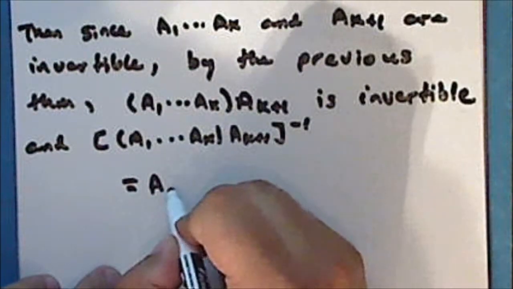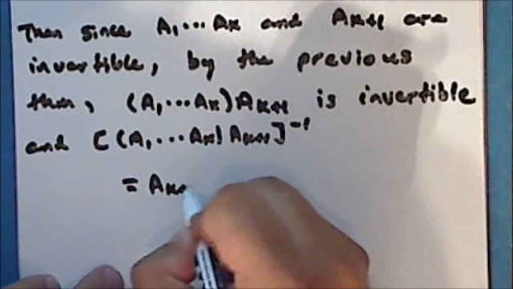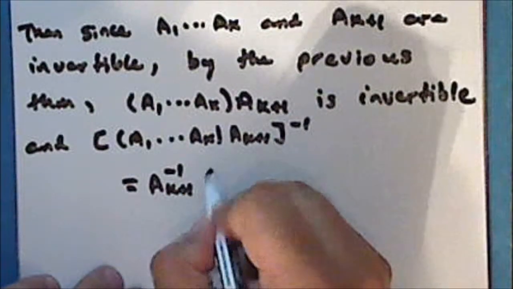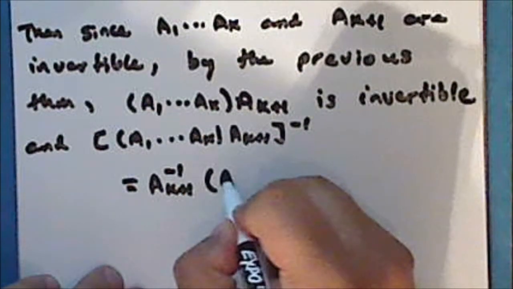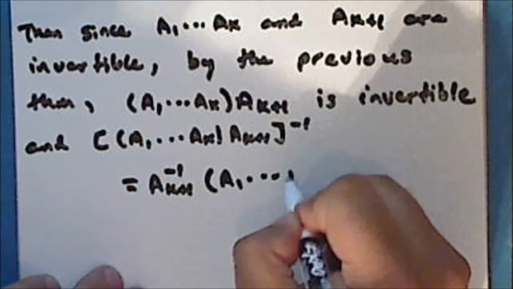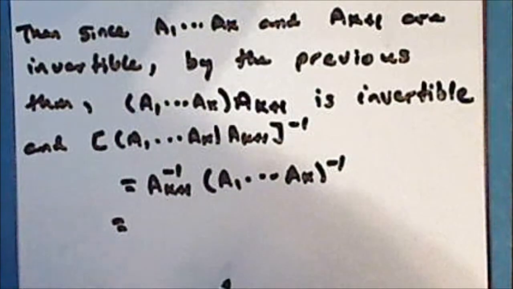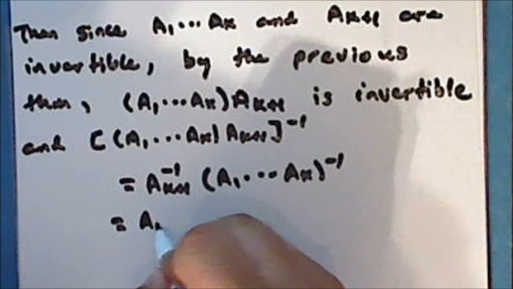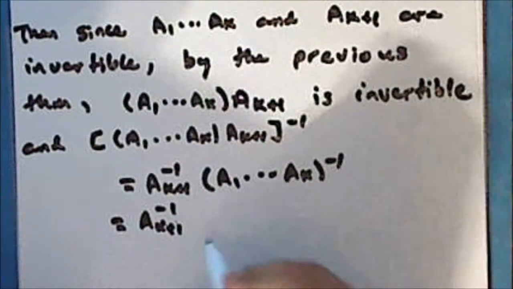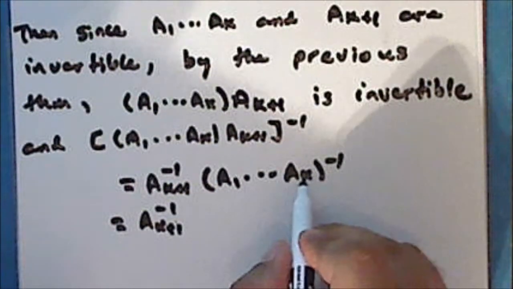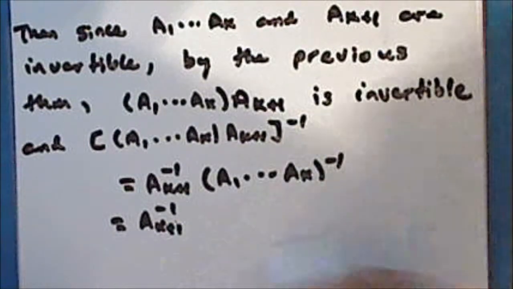So we have the matrix A sub k plus 1 inverse times the inverse of the product A sub 1 through A sub k, where the inverse of the product A sub 1 through A sub k is the product of the inverses in reverse order.